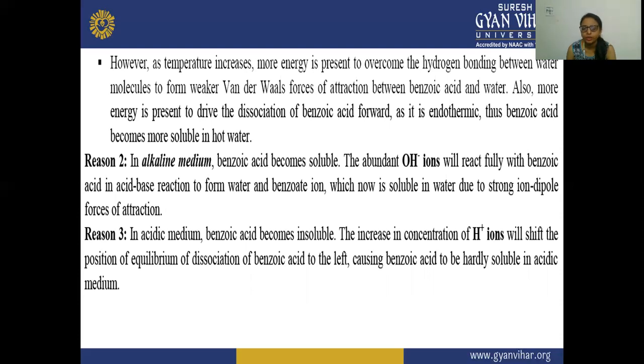So this is the endothermic reaction, and third, benzoic acid is more soluble in hot water.